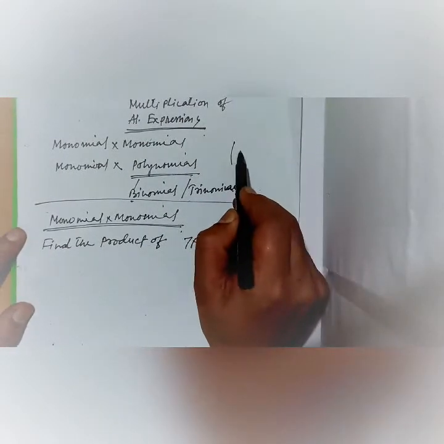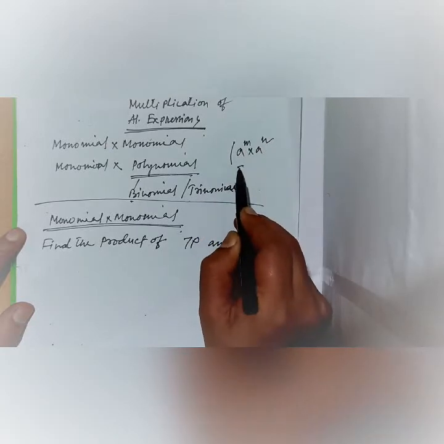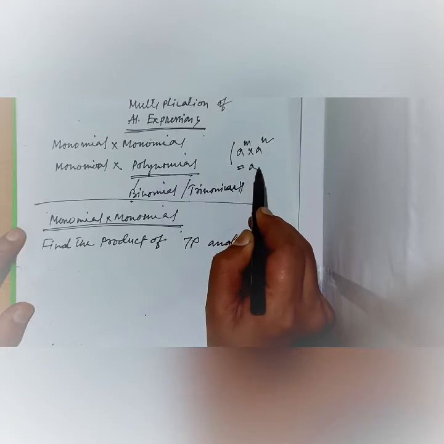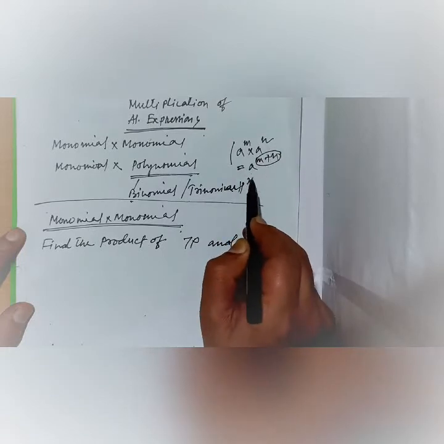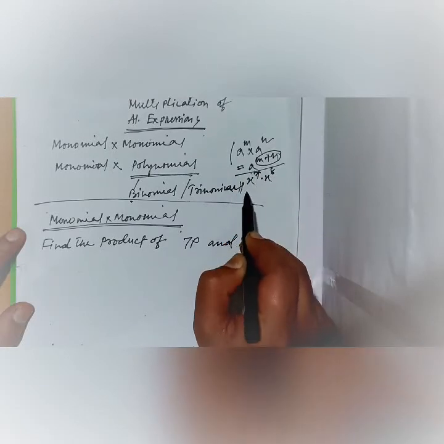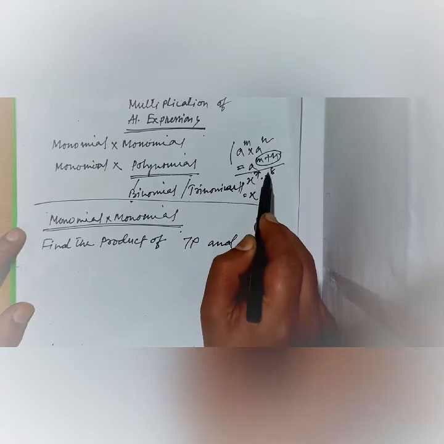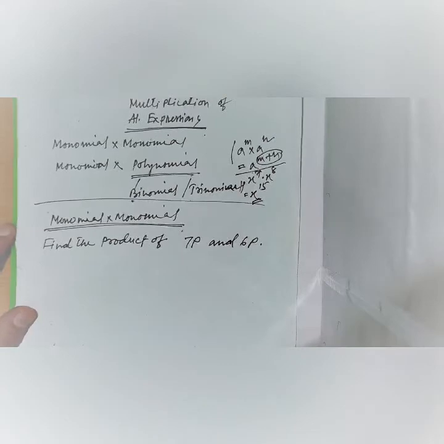This particular law is used most of the time: a to the power m into a to the power n equals a to the power m plus n. For example, x to the power 7 into x to the power 8 equals x to the power 7 plus 8, that is 15. So this law is helpful.